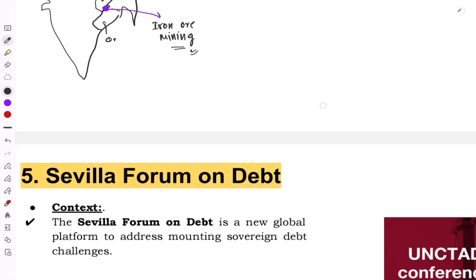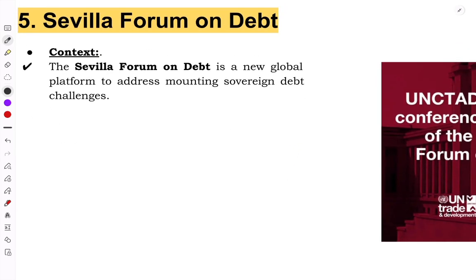That is the issue. Next article is about the Sevilla Forum on Debt. Again, let's first understand the background of this issue, then it will help you understand. The background is that many countries in the world have taken loans from other countries in order to finance their developmental projects.